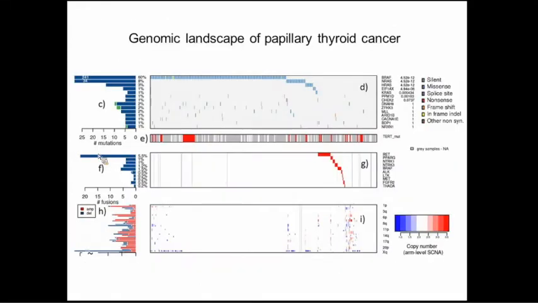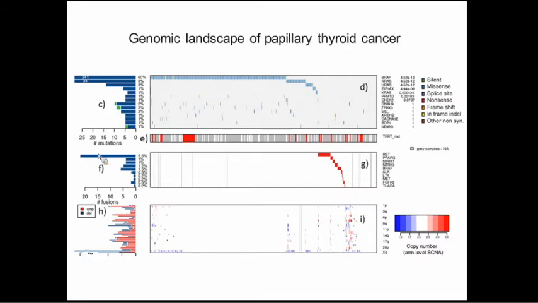If you now look at what the actual genetic lesions are in this disease, and I'm only talking here about papillary thyroid cancer, this is an oncoprint which essentially describes the different genetic changes in this tumor type. Just to orient you here, each one of these columns represents the sample of one patient, and each one of these rows is a particular genetic change associated with the disease.